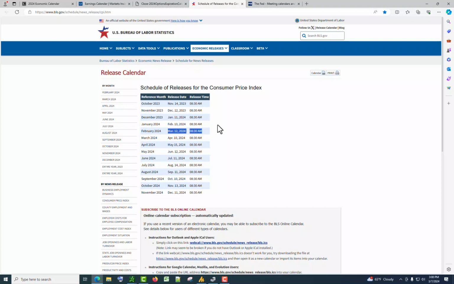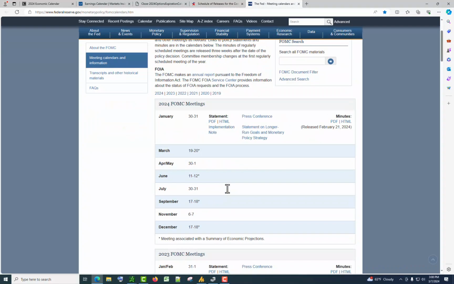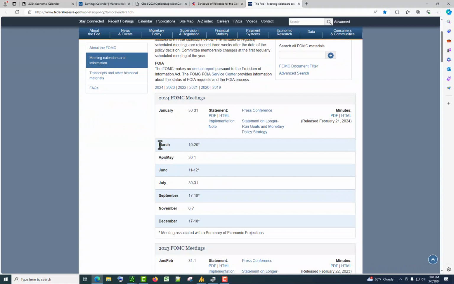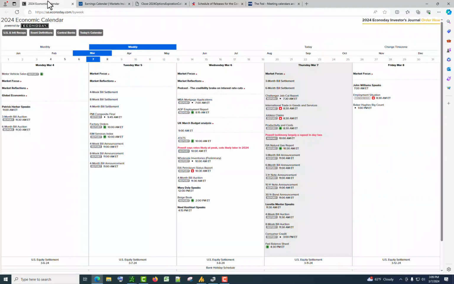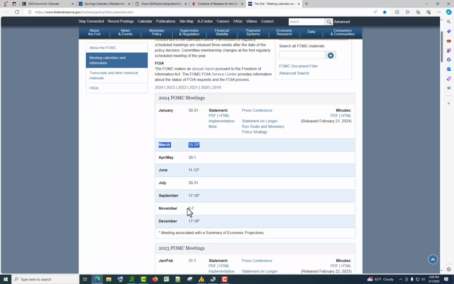So far we see a very interesting pattern. And keep in mind March 19 and 20, that's the Fed meeting. They say they're going to cut interest rates later, so we anticipate maybe the cut comes in the September meeting.